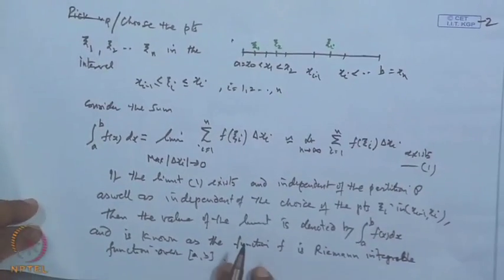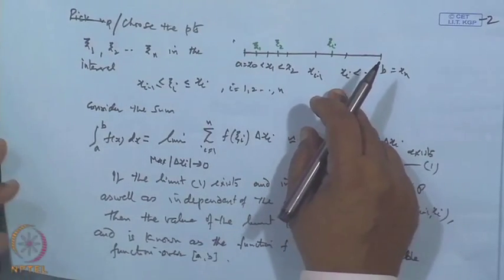Now, in case the function is a continuous function, this is what we call a definite integral, and it represents the area bounded by this.